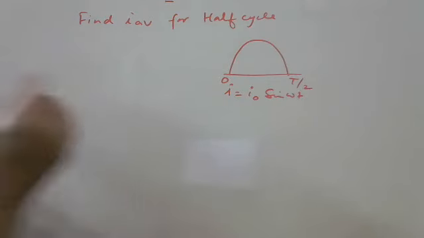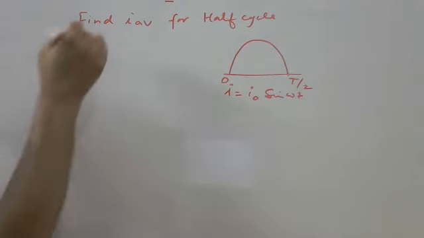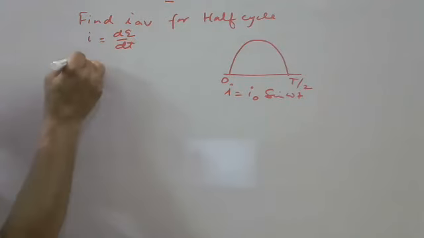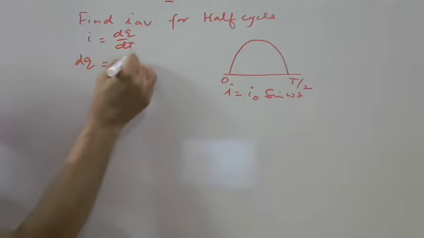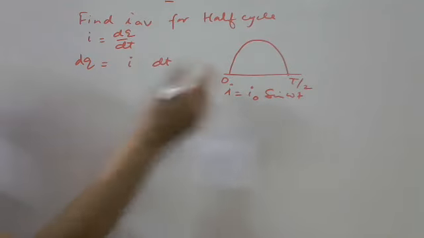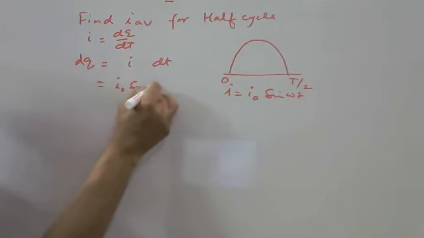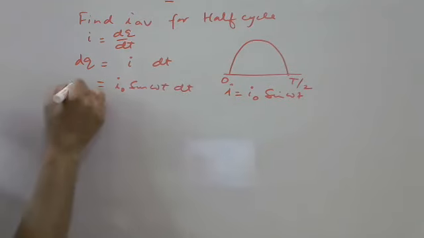Now, we know the definition of current, I equals dq by dt. So dq can be written as I dt. Putting the value of I here, dq equals I naught sin omega t dt.